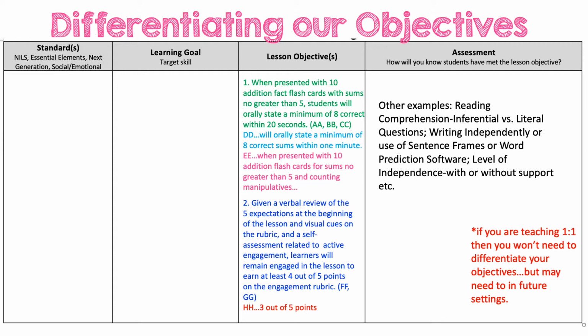Also consider the level of independence. Some learners may be doing an objective completely independently, while others will have some support. And just as a side note, if you are teaching one-on-one, then you don't need to differentiate your objectives necessarily, but you may want to consider this for the future.